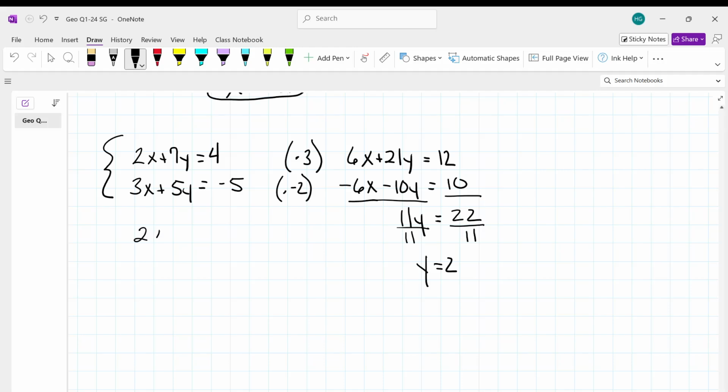So I get 2x plus 7 times 2, that's equal to 4, which gives me 2x plus 14, that's equal to 4. Subtract 14 from each side. So I get a 2x equal to negative 10.